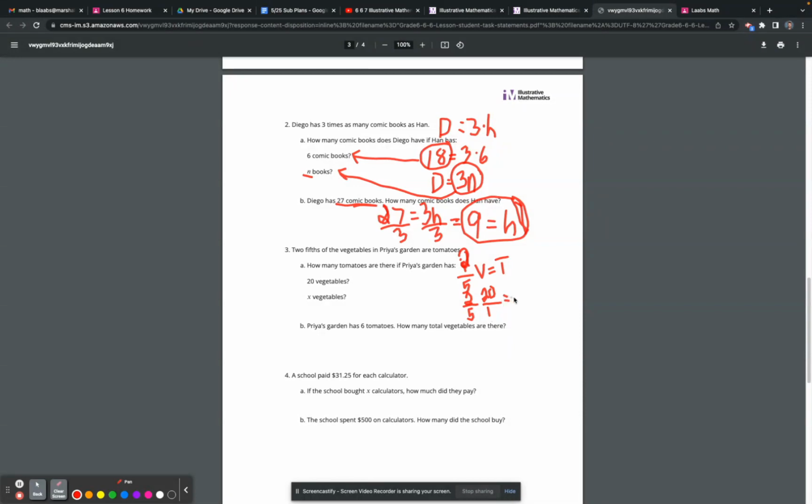So I need to multiply across. 2 times 20 is 40. 5 times 1 is 5. 40/5 is equal to 40 divided by 5, which is 8. So if Priya has 20 vegetables, she would have 8 tomatoes.